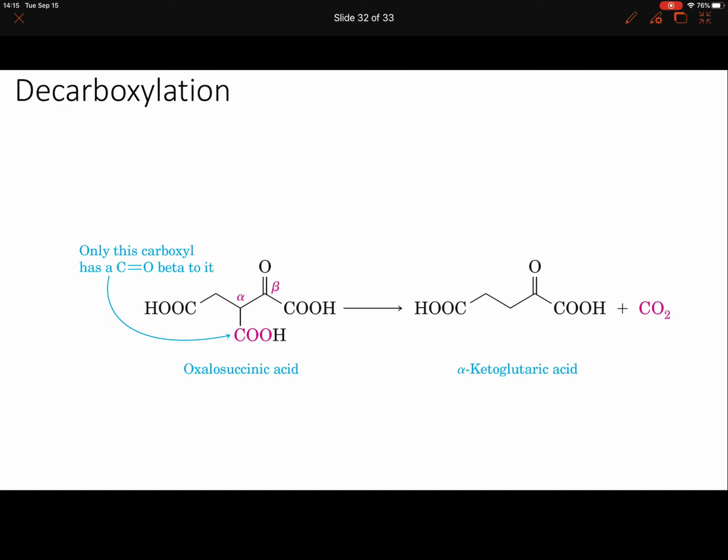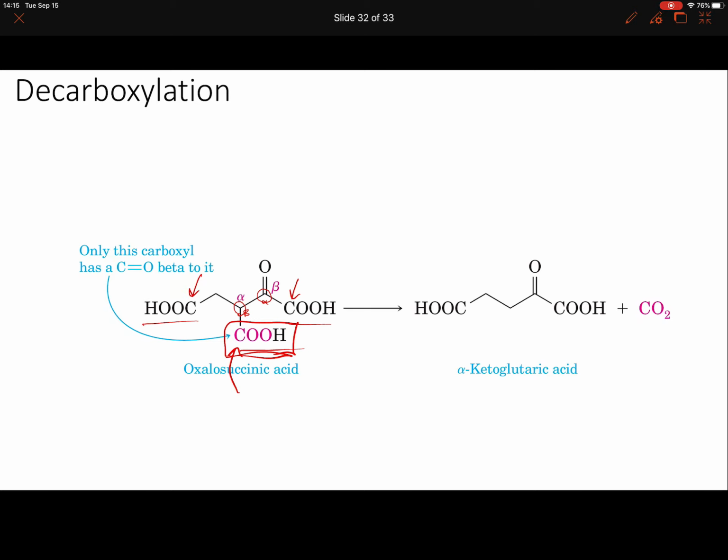Do any other of these carboxylic acid groups have a carbonyl beta to it? So this carbon, this is alpha, this is beta. No carbonyls. This carbon, this is alpha, this is beta, carbonyl. Okay, so this is the one that leaves.